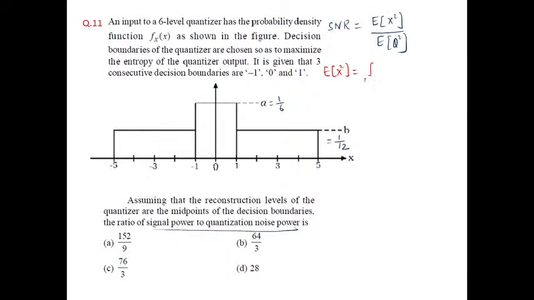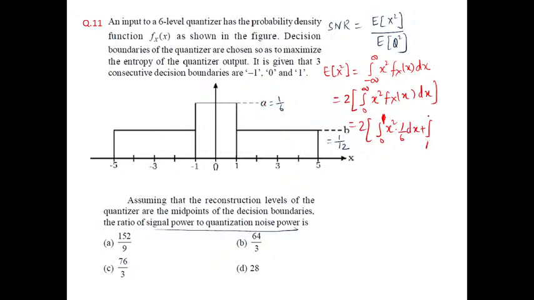E[X square] is simply equal to the integral from minus infinity to infinity of x square f(x) dx. Since this function is symmetric, this will be equal to 2 times the integral from 0 to infinity of x square f(x) dx. So this is twice the integral from 0 to 1 of x square into A, and A is 1 by 6, dx, plus the integral from 1 to 5 of x square into 1 by 12.